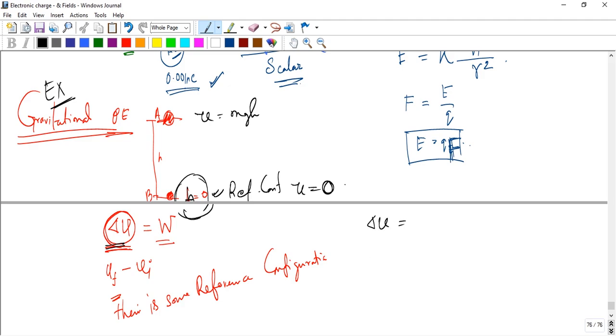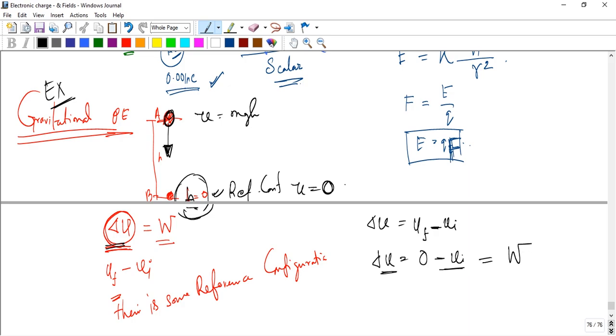Suppose this is a delta U. Due to the gravitational force the ball goes from top to bottom, so the final potential energy will be 0 and the initial energy is ui. So delta U turns into ui, and that is equal to the work done.